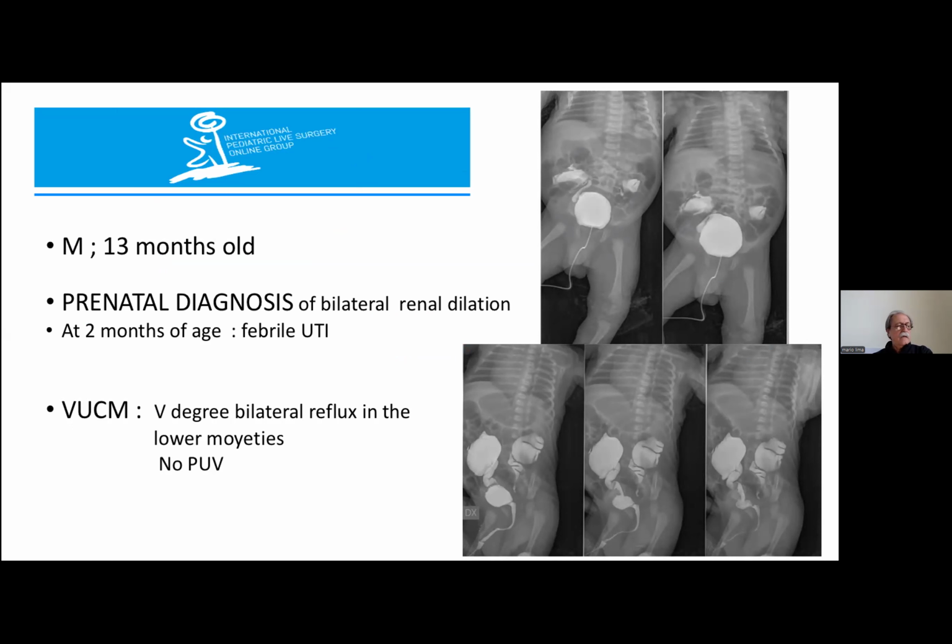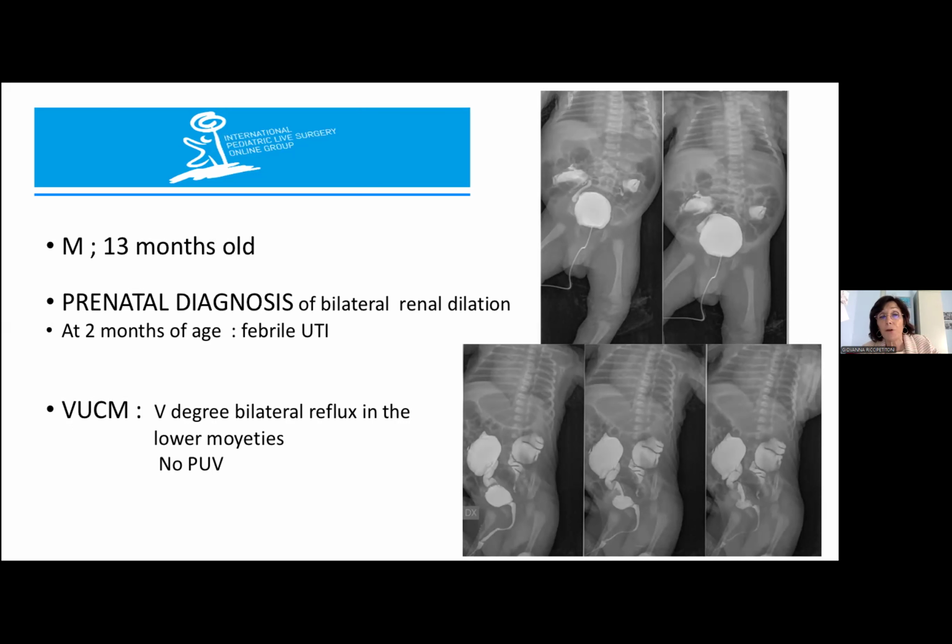It's okay. The first case that I will show in the video was a patient who came to my outpatient clinic at 13 months of age. He had the prenatal diagnosis of bilateral ureteral dilation. At 2 months, he had a febrile urinary infection.